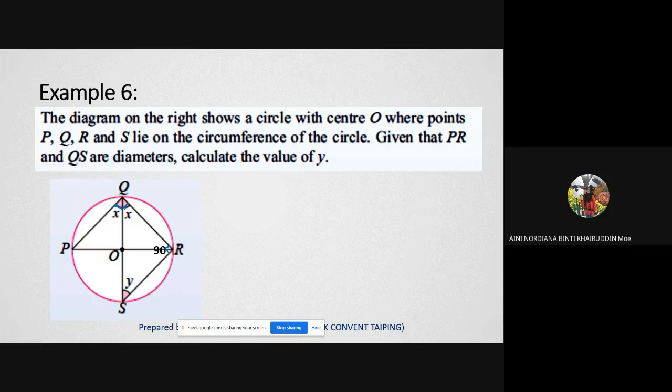Because QOS is also a diameter. QS is also a diameter as mentioned in the question. So x equals 90 divided by 2, which is 45. So the angle here is 45. Now you can calculate y by using triangle QSR. So y equals 180 minus 90 minus 45, which equals 45.